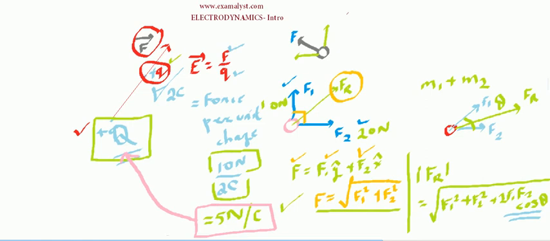Plus Q is such a charge which can push any 1 coulomb of charge, a unit charge, with a 5 Newton force. Agreed? So electric field is a characteristic of the source charge.